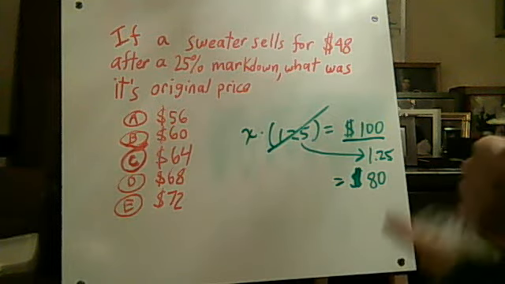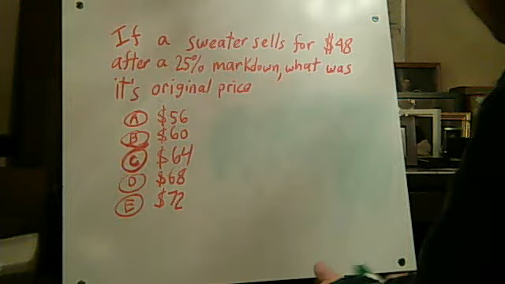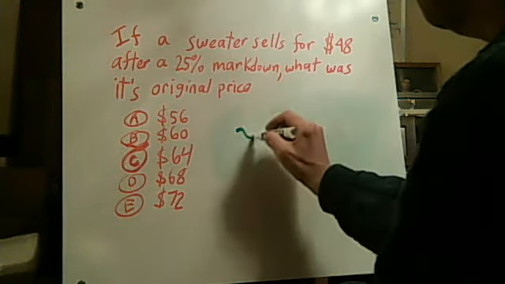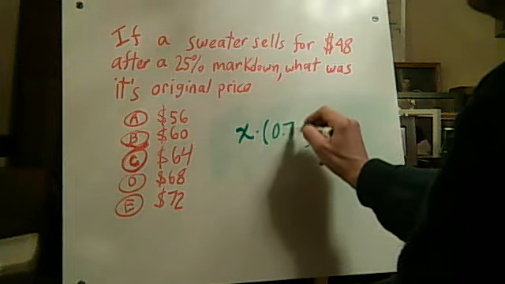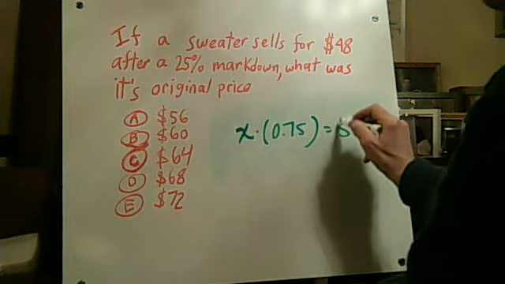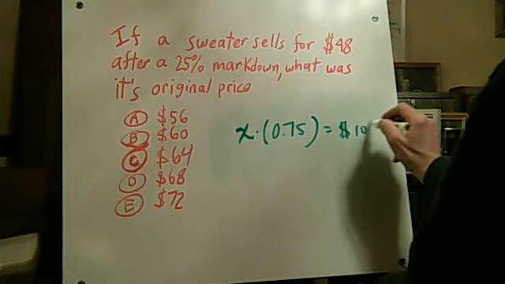Okay, now let's assume that you had a sweater, it got marked down by 25%, and its sale price was $100. This would be 0.75 for the markdown. What was the price before it got marked down? Here it's going to be $100 divided by 0.75.